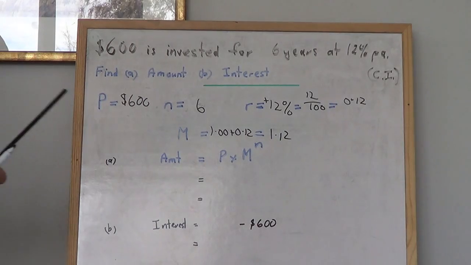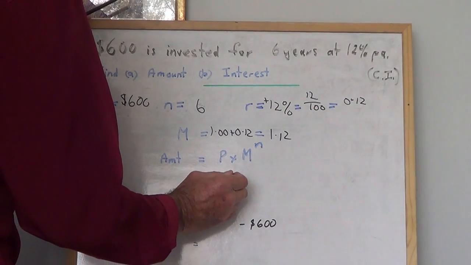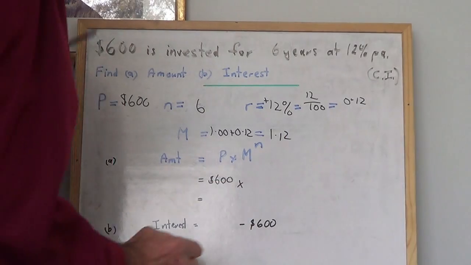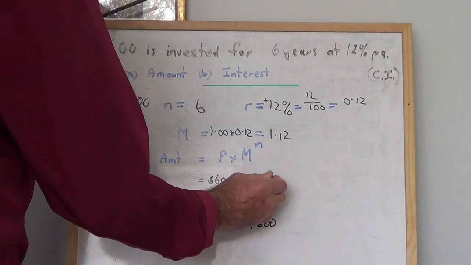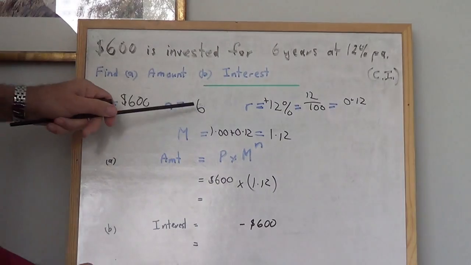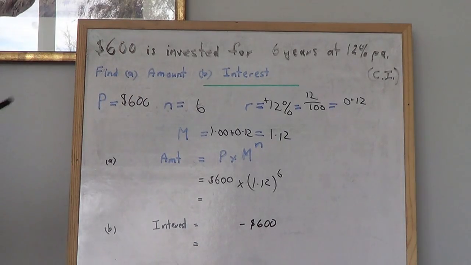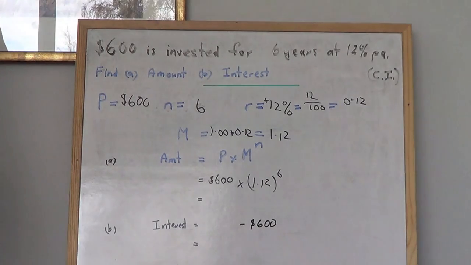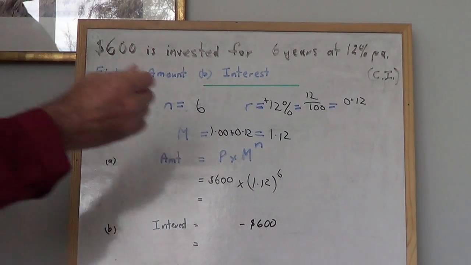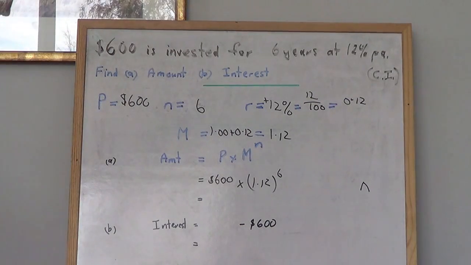So we have all the information. There's P there, so we put that in. So that'll be 600 times M, which is 1.12 to the power of what? 6. And you get out your calculator, put in 1.12 to the power of 6 using that symbol on your calculator for power of. You work that out, and I've got it written down here so I get it right.